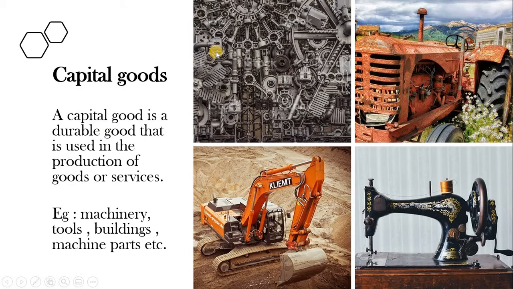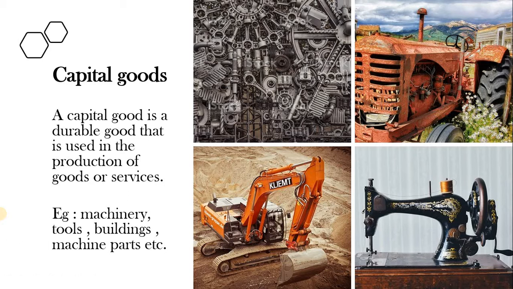They are all used for something else. So this is used for production of other goods and services. So this is called capital goods. Machinery, tools, buildings. Now this becomes very important in any economy. Why are we discussing consumer goods and capital goods?